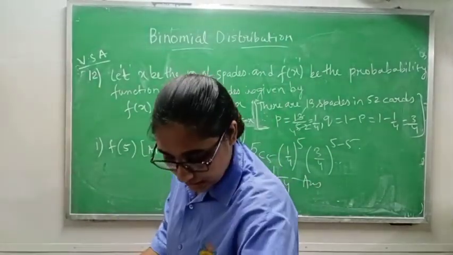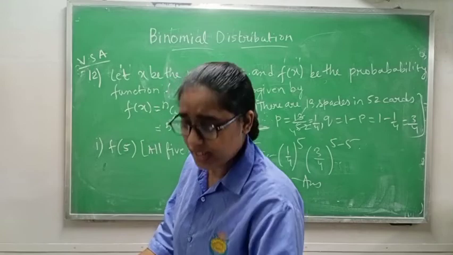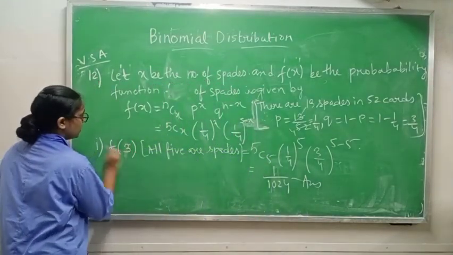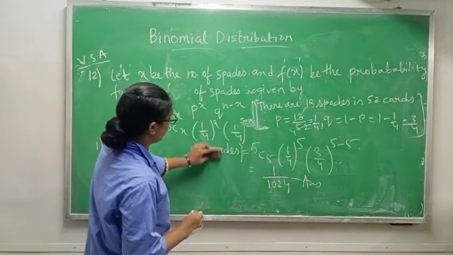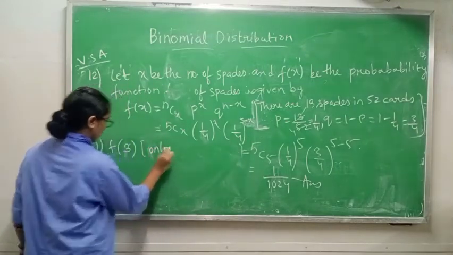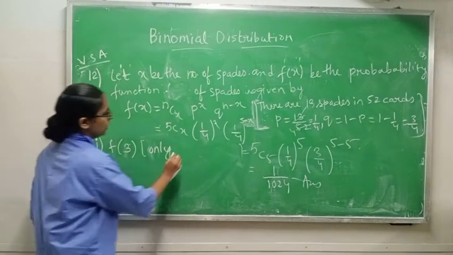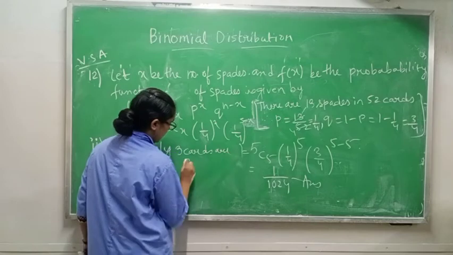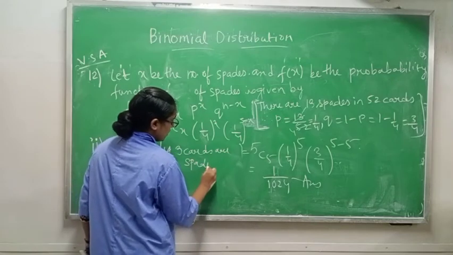Now they are asking only 3 cards are spades. It means that now x will be 3. Only 3 cards are spades. So this is part 2.